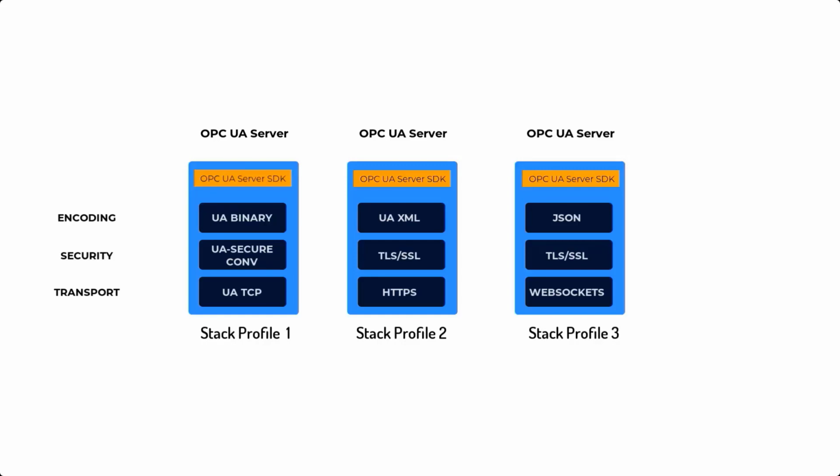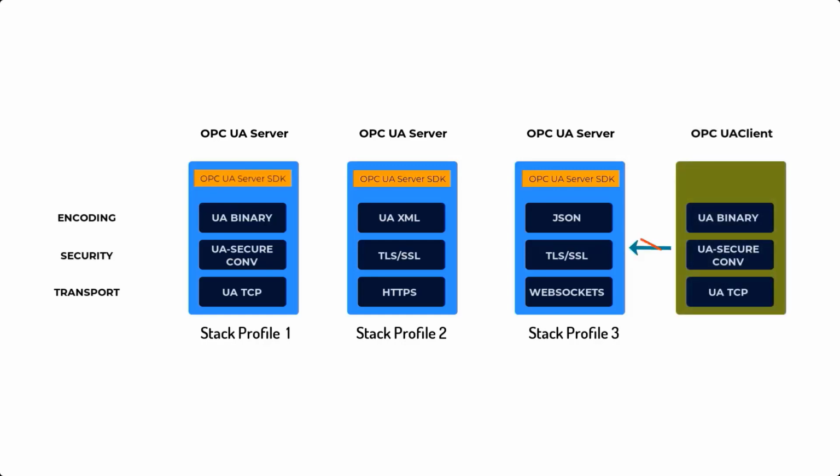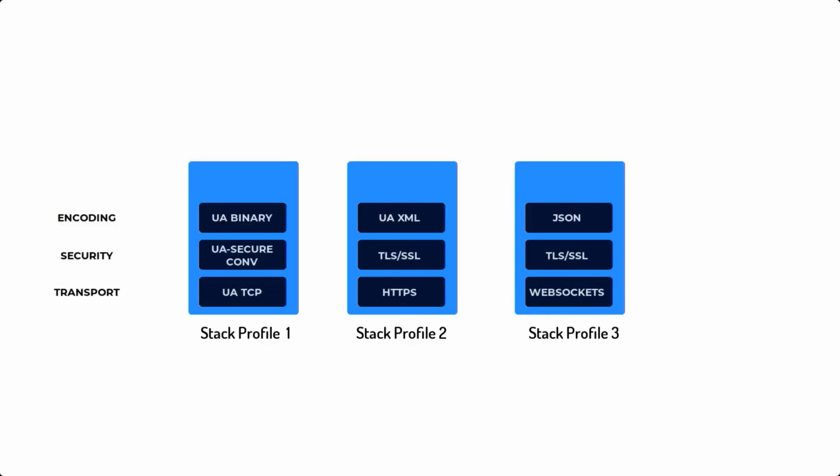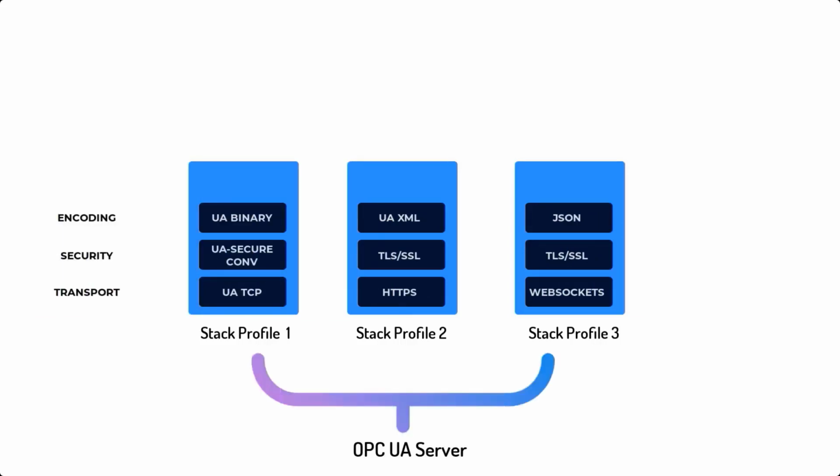Now, here's the thing. OPC UA applications can only communicate with other OPC UA applications if and only if they implement the same OPC UA stack profile. Hence, the need for developers to know about the profile of a stack in order for them to choose it. However, OPC UA applications can and do implement more than one profile.